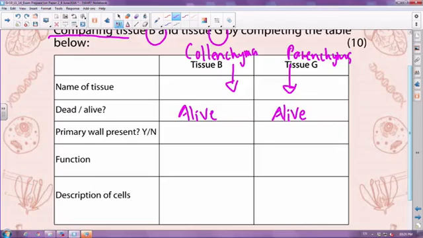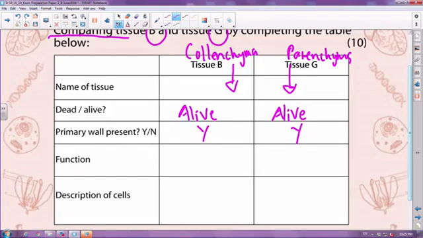When we get to our sclereids, our stone cells, the cell wall takes over the whole cell so that it actually dies. It's like the xylem as well. Primary cell wall present? Yes, both of them. Is a primary cell wall present in parenchyma? Yes, even though it is much thinner.